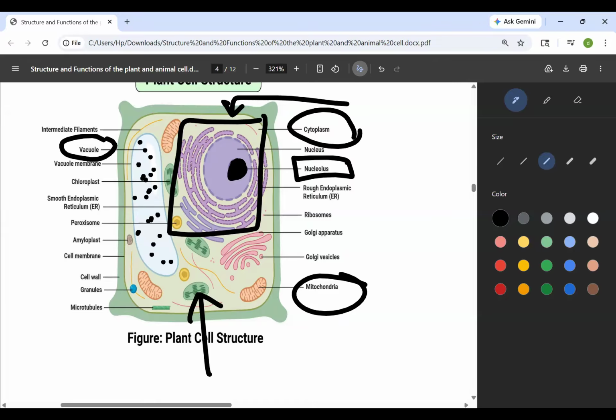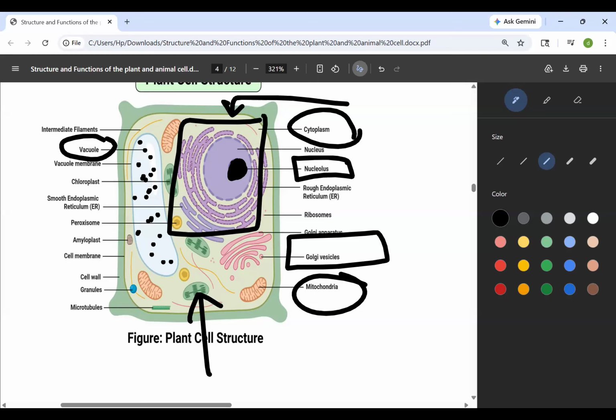Then there are stack-like things, the pink ones on this screen. We call them Golgi bodies, the Golgi complex. They have given Golgi vesicles, but the word in your textbook is Golgi complex.